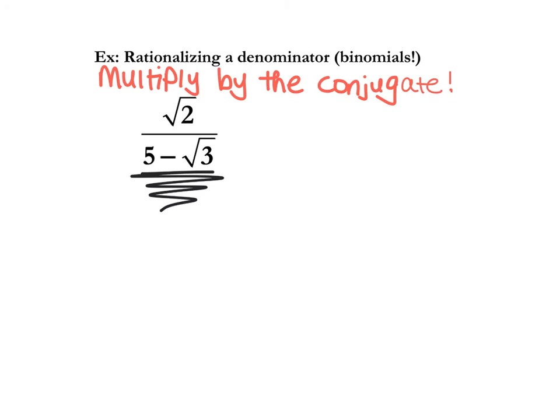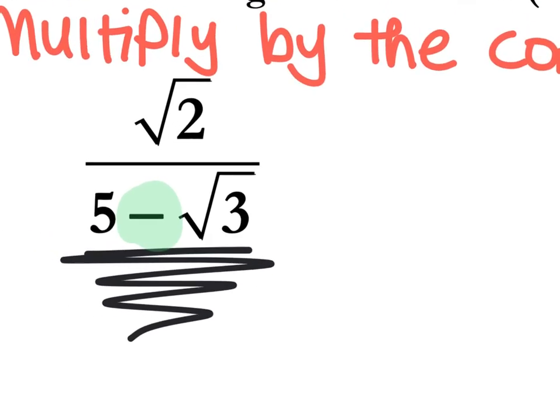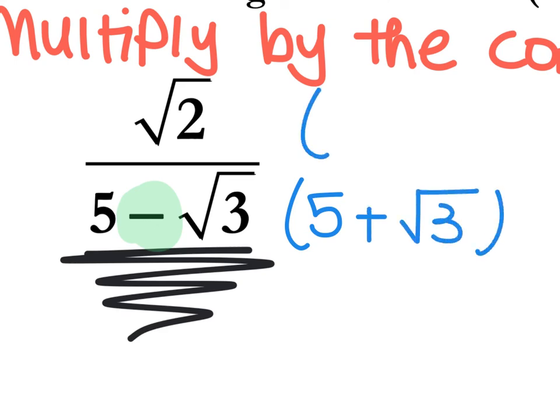So whatever this middle sign is, you just change it. So like this, minus, it's going to change to a plus. Okay, so I'm going to multiply my denominator by 5 plus root 3. Don't overthink this, you guys.